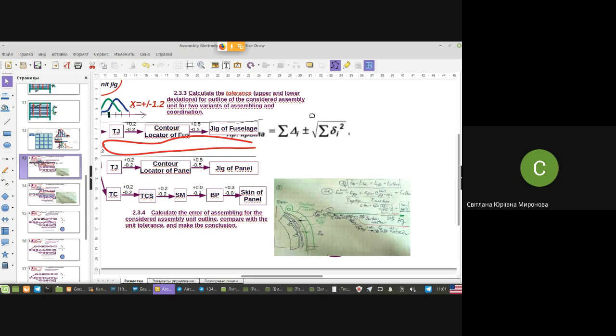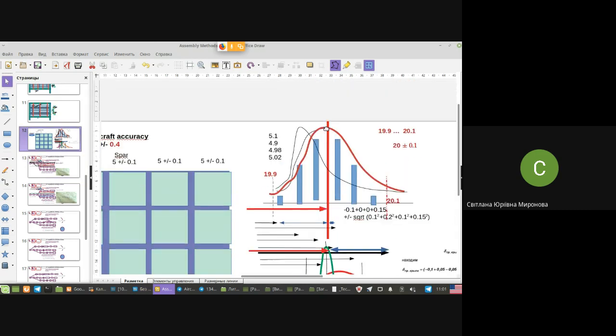And next we calculate the square root, this so-called vector sum of halves, because each of these distributions is characterized by the coordinate of the middle, which in our case corresponds to the nominal size, and this deviation. What is deviation? Look at this, 20 nominal size. Oh, sorry, I did something not ideally.